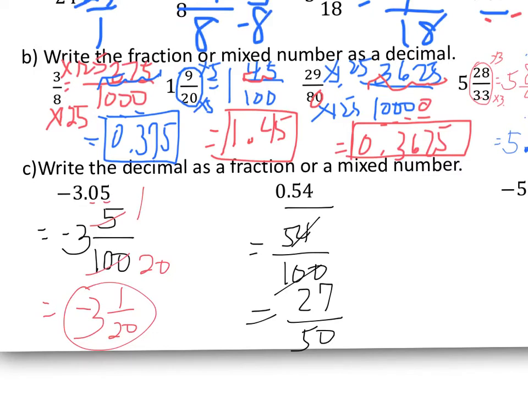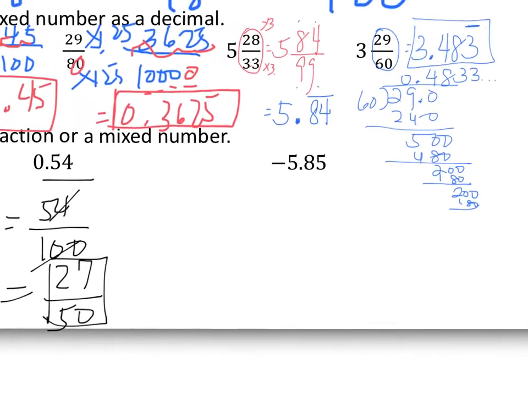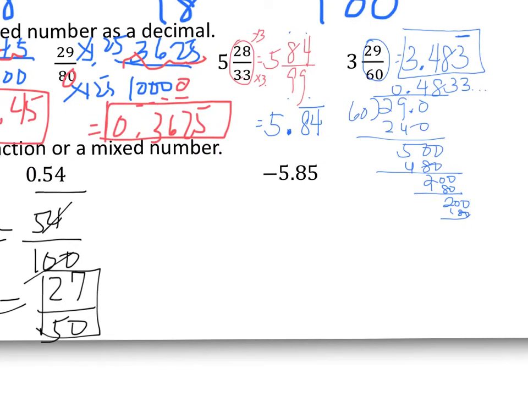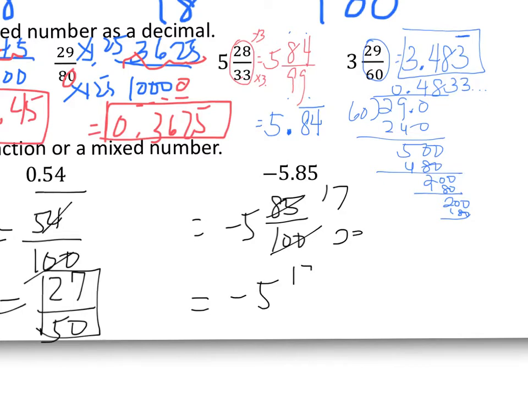So 27 over 50, that's in the simplest form. And then the next one, we get -5, 85 over 100. Again, we need to simplify. 85 divided by 5, I would get 17. 100 divided by 5, I will get 20. So this gives me -5, 17 over 20.